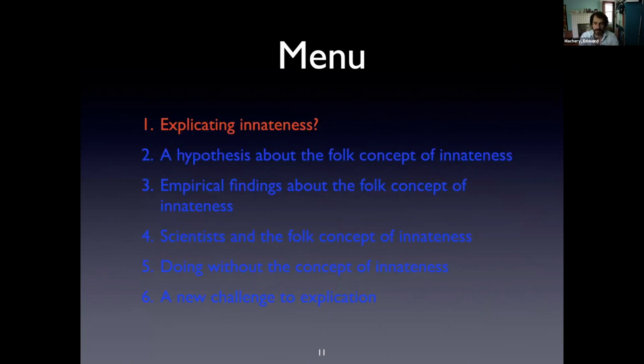So, explicating innateness. As some of you are aware, since the very beginning of cognitive science, there has been a very lively and sometimes nasty debate about the extent to which, and the respects in which, cognition is innate. You have the most dramatically different positions on the matter in philosophy and in cognitive science.